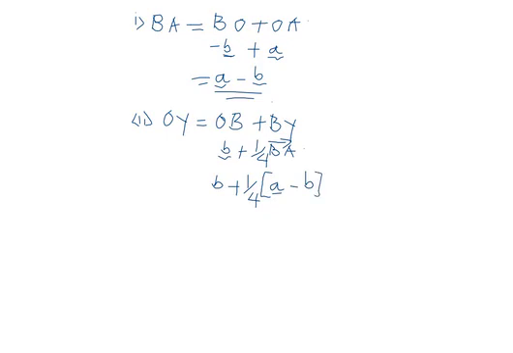When we open the brackets, we'll have vector B plus 1/4 vector A minus 1/4 vector B. So now we collect the like terms together. We have B minus 1/4 vector B, which is 3/4 vector B plus 1/4 vector A.